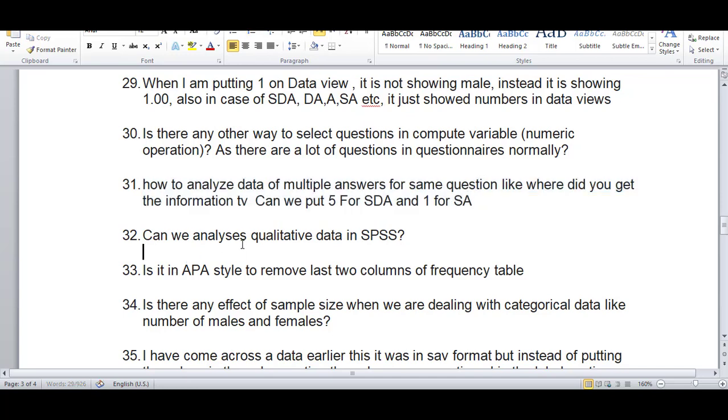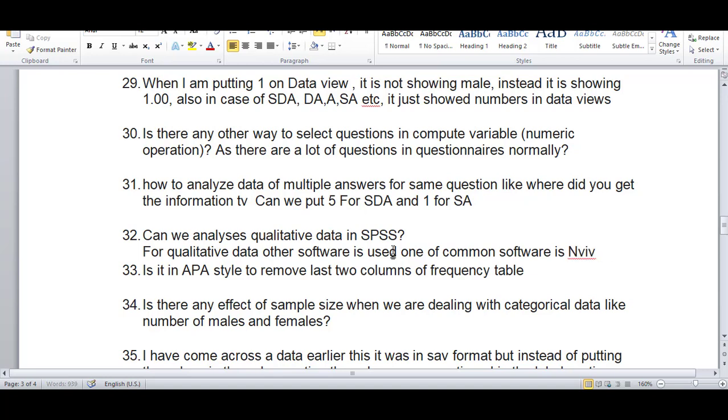Can we analyze qualitative data in SPSS? No. SPSS is used to analyze quantitative data. For qualitative data, other software is used, one of the common software is NVivo.